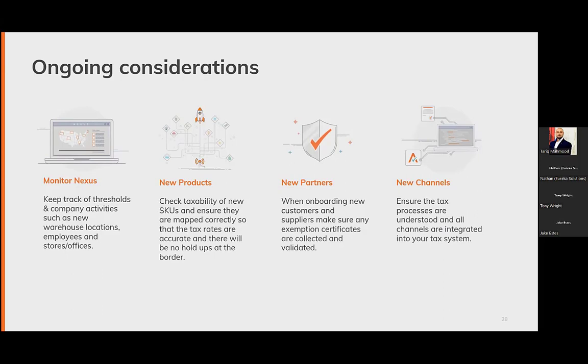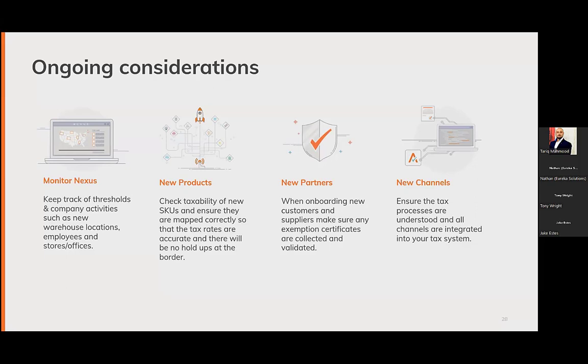If you launch new range of products or SKUs of existing products, you need to ensure you understand the product taxability and how that might apply to different sales channels, and correct HS codes are assigned. From the partners and sales side, if you are onboarding new customers or suppliers, make exemption certificates part of the conversation. And as part of the process, collect the exemption certificates when onboarding them.